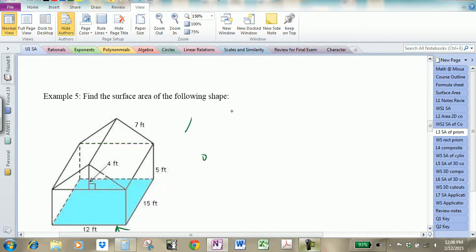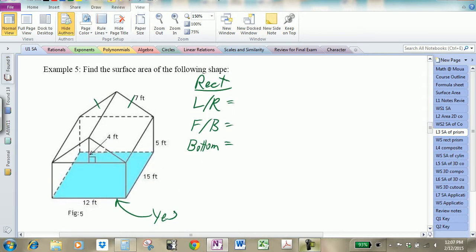Okay, I'll tell you what to find. So first of all, we've got to have that marked. Let's do the rectangular prism first. We have a left and a right. We have a front and a back. And we have a bottom. Always assume shapes are suspended into space. Okay, so the bottom counts.